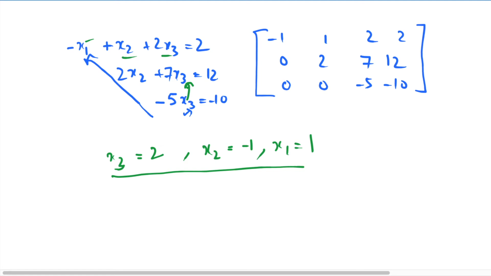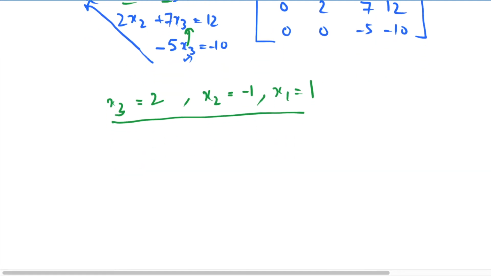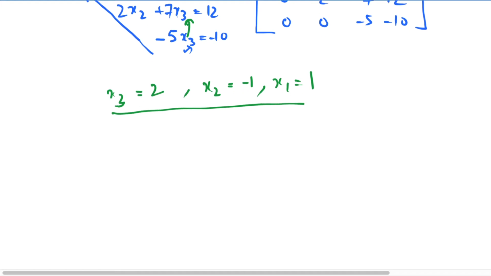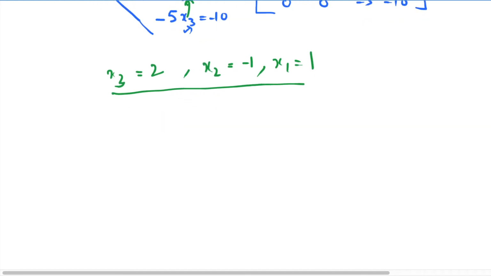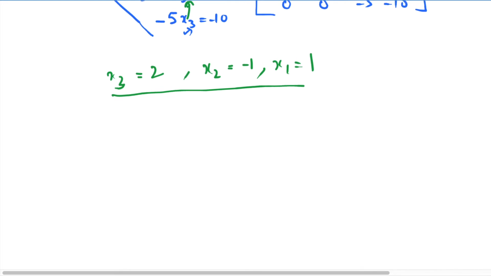Finally, let me also give you an example where a linear system has no solution. Let me write down such a system first. So let's consider such a system.